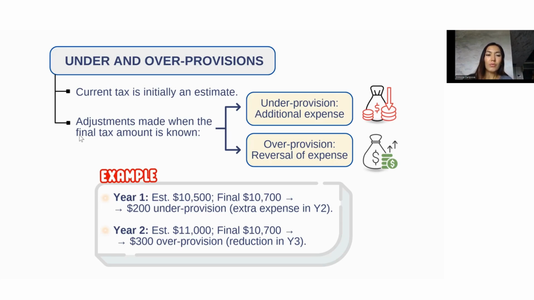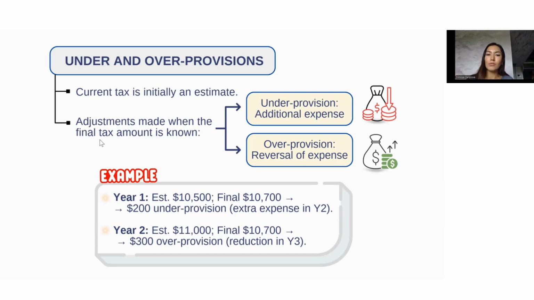Then after everything is done within your financial statements with all the figures, you have the final amount, final taxable profit, and final tax amount, right? First, you calculate estimates, and then when you have the final one, you make adjustments.